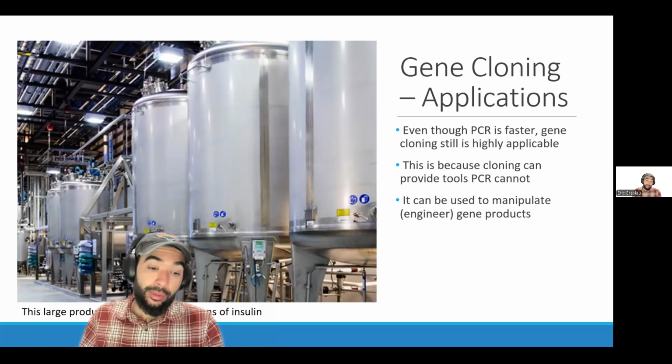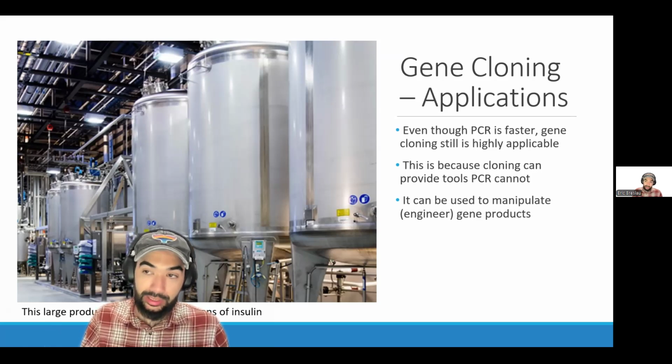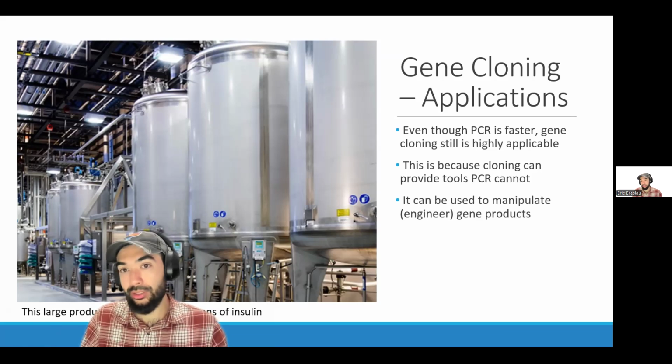With gene cloning, we can not only clone the gene, but if there's a protein product, we can also clone that. PCR cannot possibly clone any protein product. It can do DNA, and then convert RNA to DNA and then copy the DNA, but it cannot do proteins.